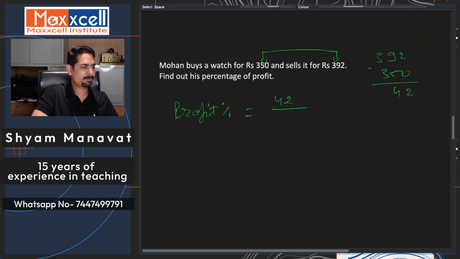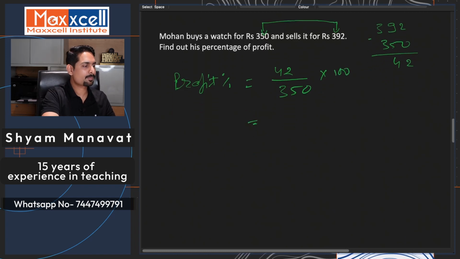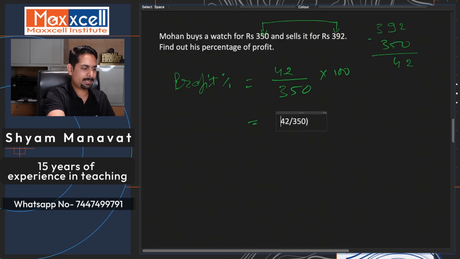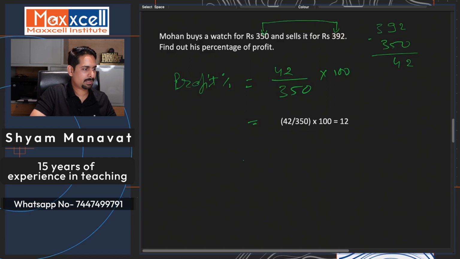and 350 is the cost price into 100. Okay. So what do you get here? 42 divided by 350. This you need to calculate. You can cancel this by 7 and then simplify this further and you get 12, right?